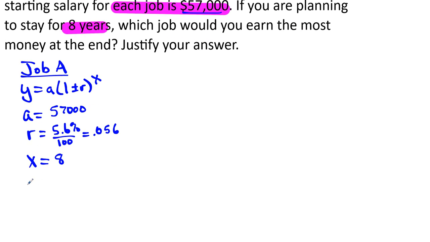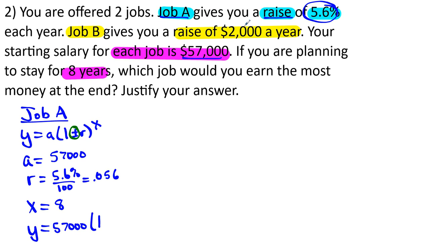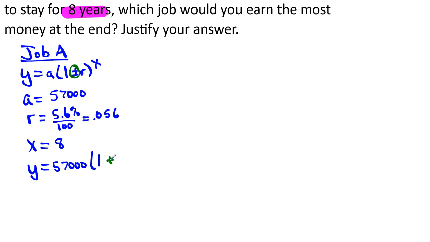So let's find out from job A, how much money will we have after 8 years? Let's plug everything in. And then, of course, add or subtract. Are we earning or losing money? Raising money. That means we're definitely earning more, so we're going to put a plus sign. Our rate is 0.056, and we're raising this to the 8th power.